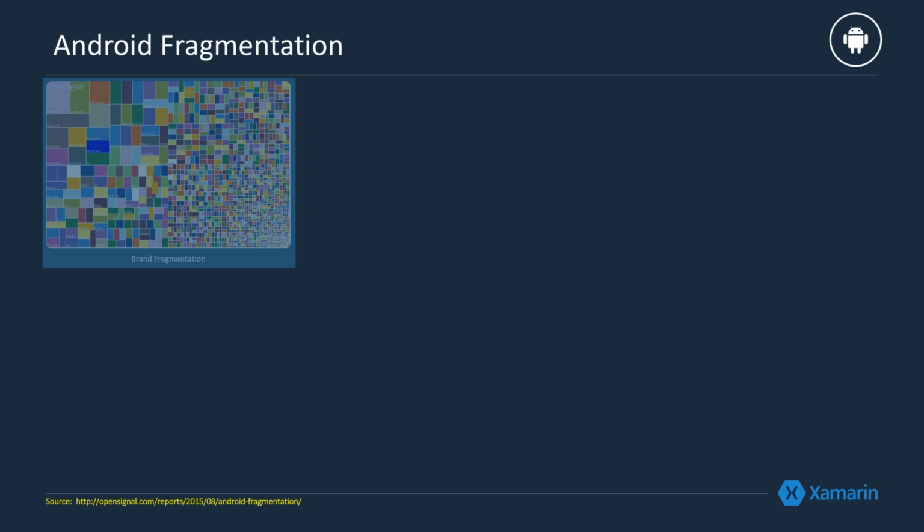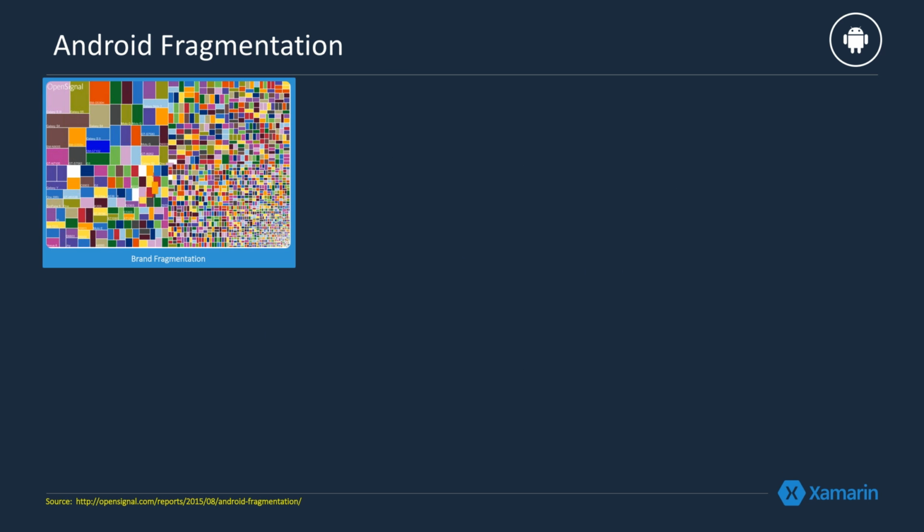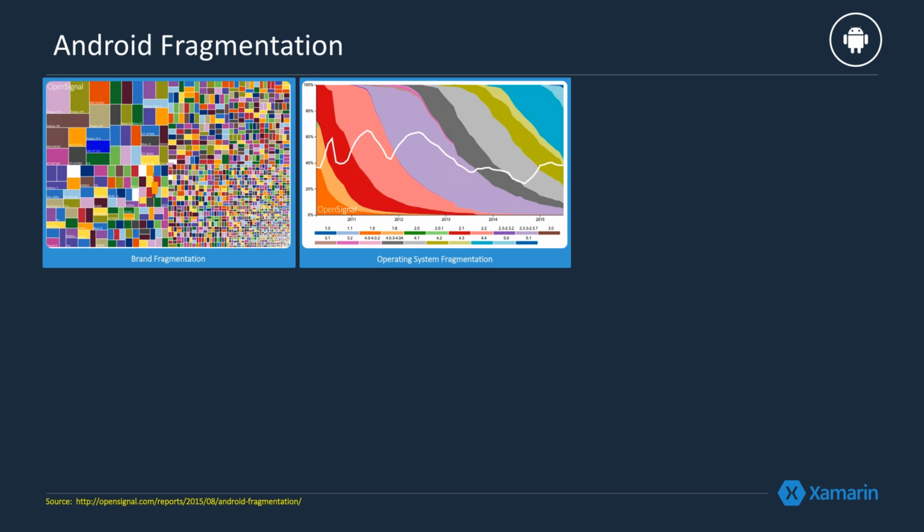More specifically, if you look at Android, in 2015 we've got around 1,300 different brands making Android devices. You also have operating system fragmentation, where Android 6.0 Marshmallow is about to be released within the next few weeks.